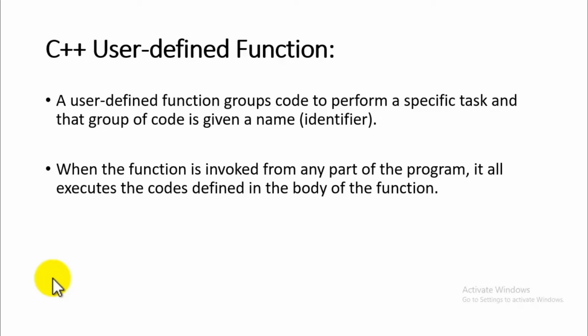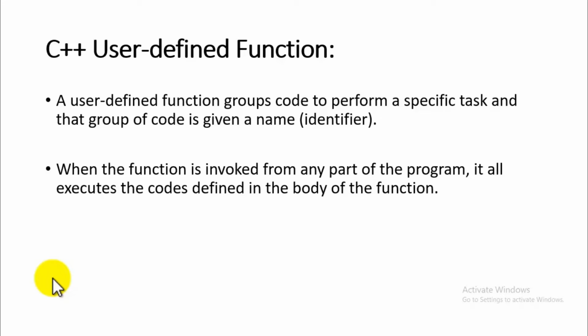So it should have an identifier. When a function is invoked, another term for invoking is calling the function from any part of the program, it executes the code defined in the body of the function.